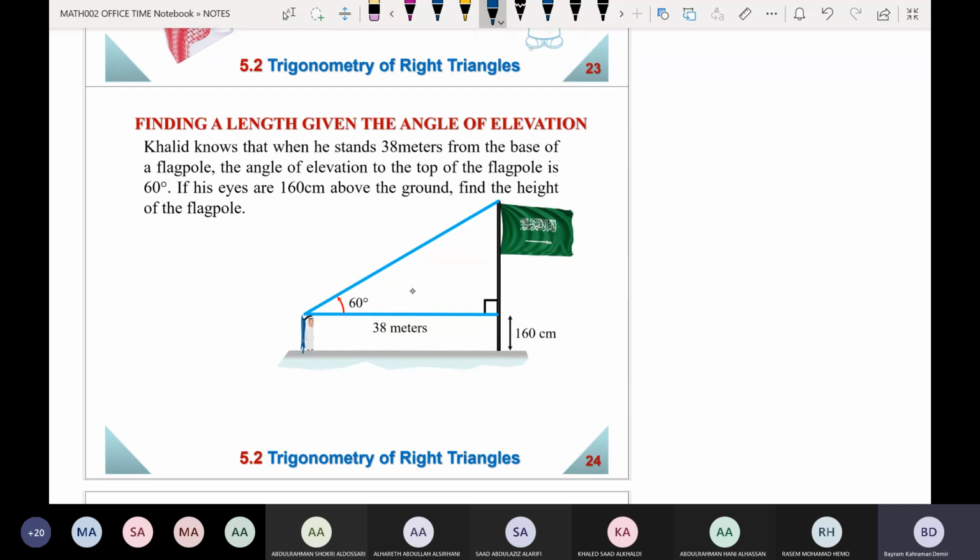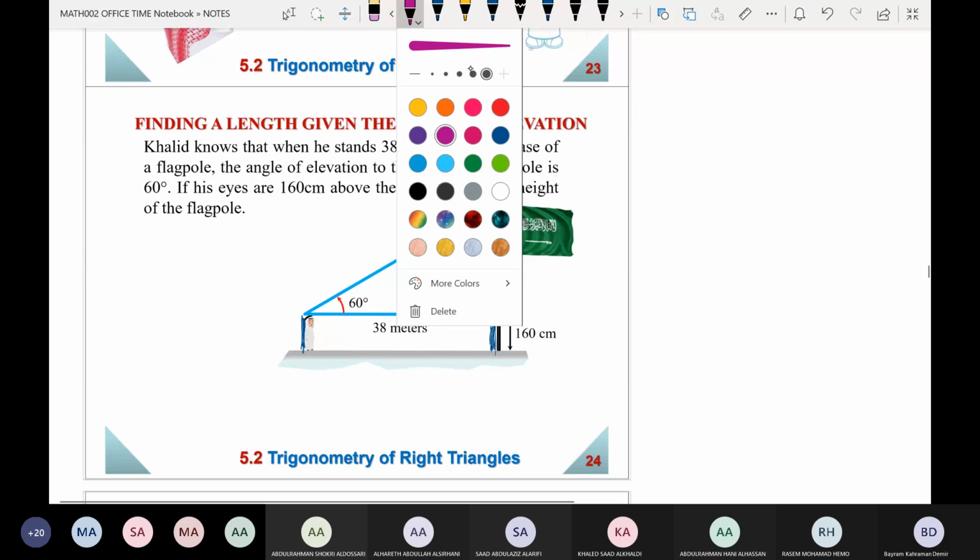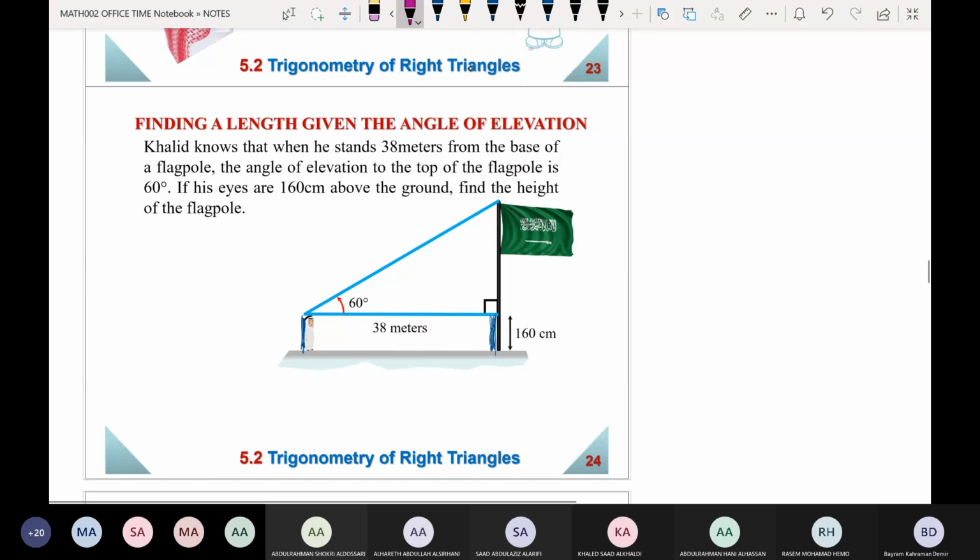So we know this part is 160 centimeters. Let me say this part is y here. Maybe I should choose a different color.